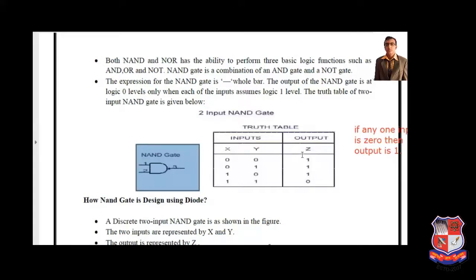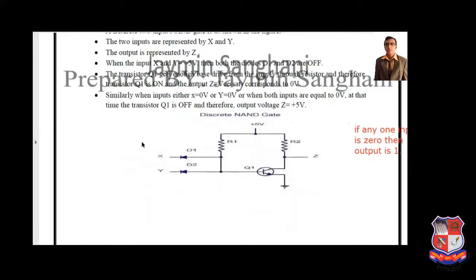Now, how is NAND gate designed using diode? I will explain here with the help of diagram. See this. If I apply here 0, 0, try to understand this. This is the fundamental rule: if we apply 0 volt to the N side, then the diode acts in forward bias.